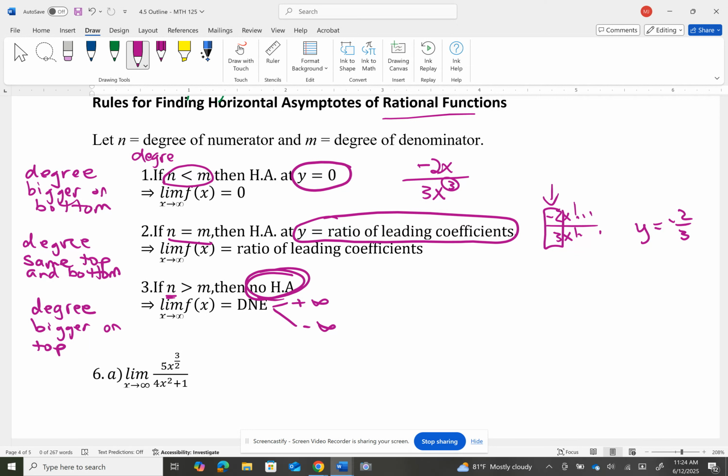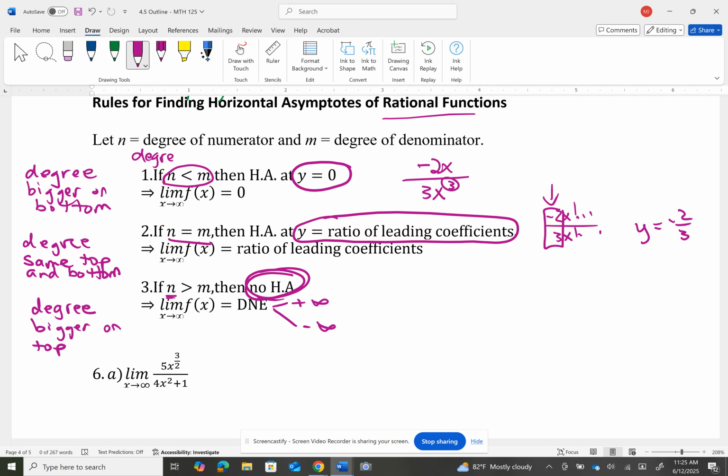The reason that's the case is the function on top and bottom have the same degree, so it's like they're both approaching an infinity of the same magnitude. Okay, and so it turns out to be just y equaling some number other than 0.